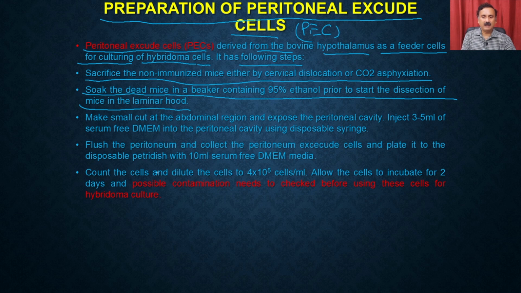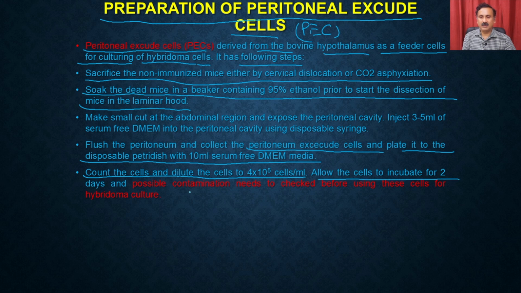You dissect the animal and isolate the peritoneal exudate cells, and then you plate them onto a disposable petri dish with 10 ml of serum-free DMEM media. You count the cells and dilute them to 4 x 10^5 cells. Allow the cells to incubate for 2 days, and possible contamination needs to be checked before you can use these cells for feeding the hybridomas.